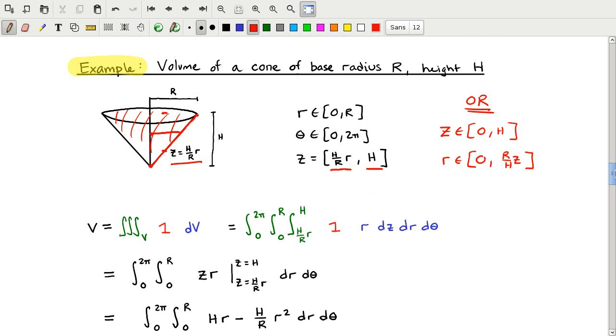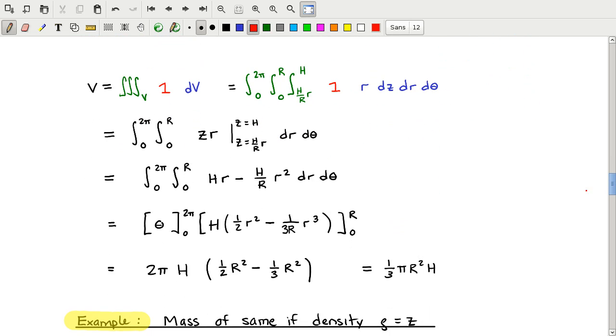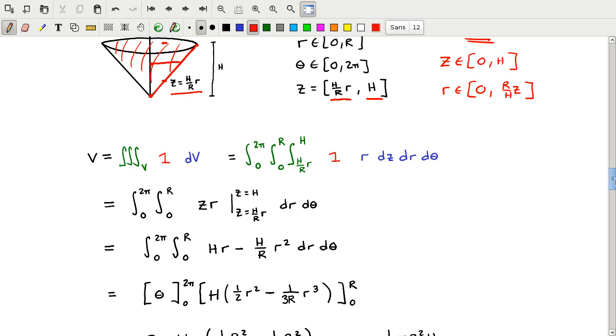So first, calculate the volume of this cone. Volume, using a volume integral, is of course the volume integral of 1 dV. I integrate over the volume the quantity 1 unit of volume per unit of volume, and that will give me the total volume. Then it's just a matter of setting up the integral.